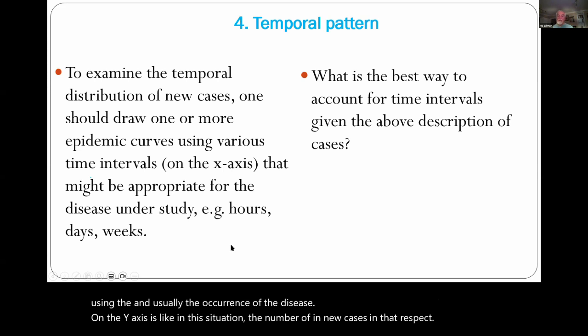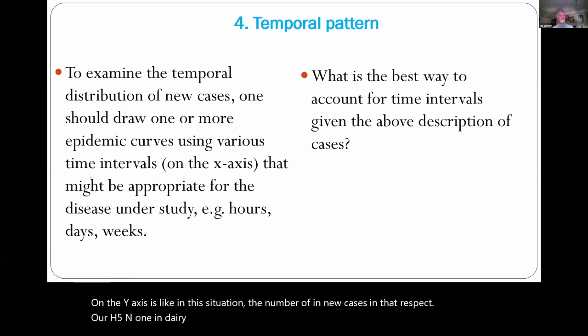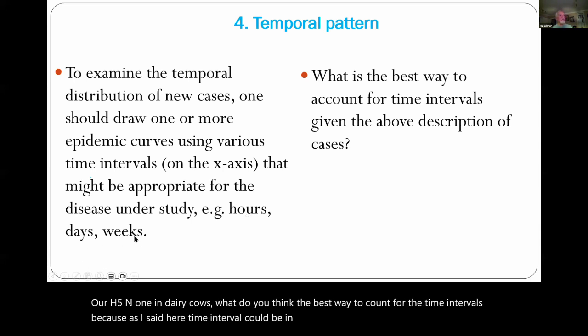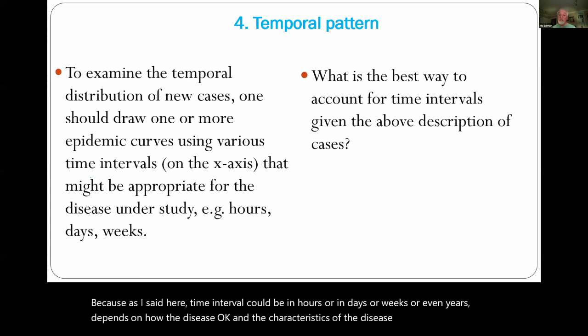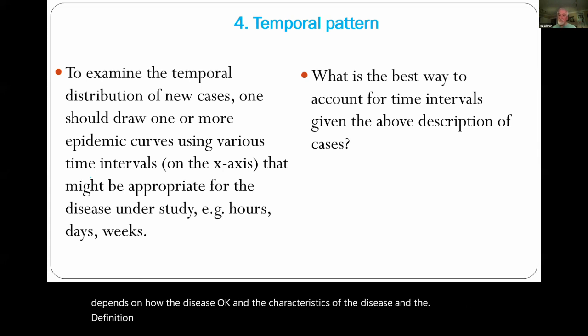For H5N1 in dairy cows, what do you think is the best way to count the time intervals? Because as I said here, the time interval could be in hours or in days or weeks or even years, depending on the characteristics of the disease and the definition of cases.